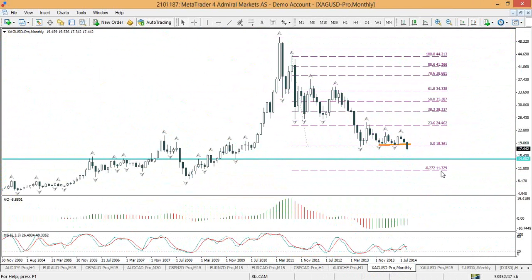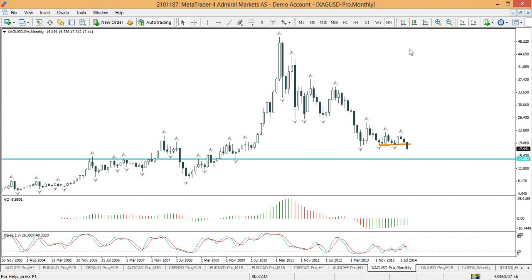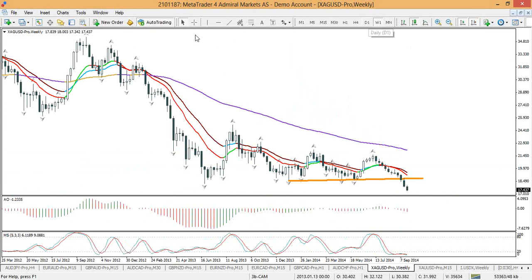Minus 272 target all the way to 11. Well, yeah, that's further in the future. For the moment, I would say 15, but we can zoom in obviously and look at higher time frames like the weekly and see what kind of targets we might have there.